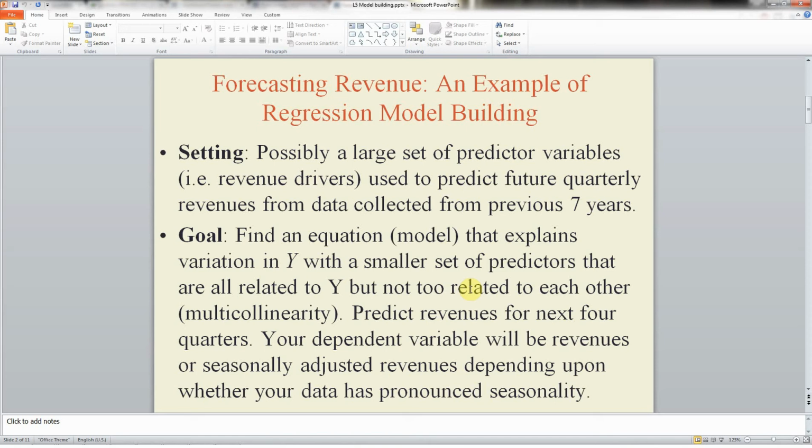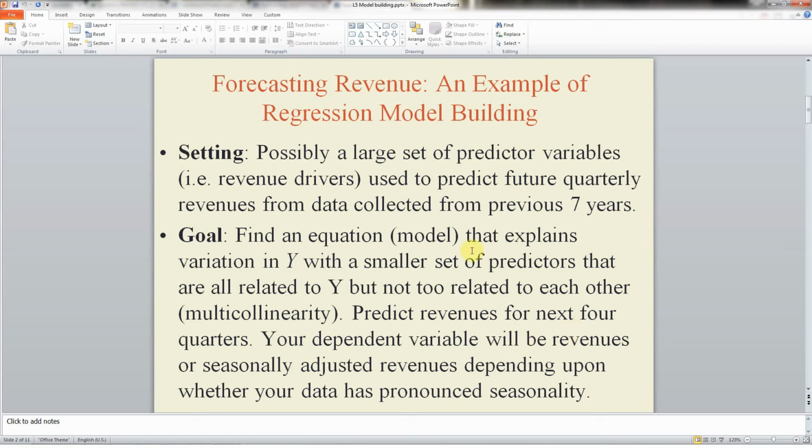Not only is the model easier to work with, and it'll require less data, there's always the problem of overfitting, using too many predictors to fit your data. It also makes it less reliable because those predictors also have to have forecasts, and those introduce additional errors. So you want to get away with as few as you can, but not so few that you're not getting good predictions.